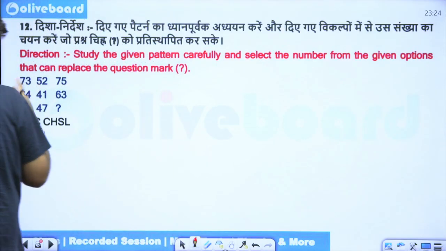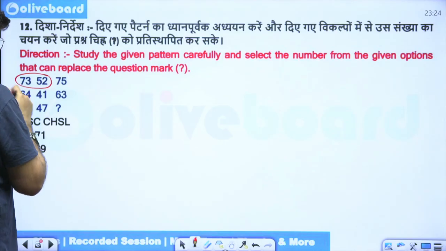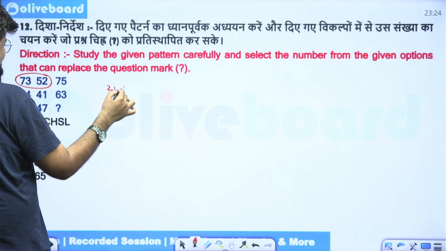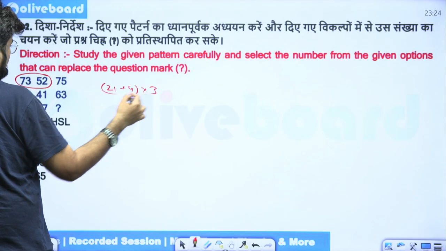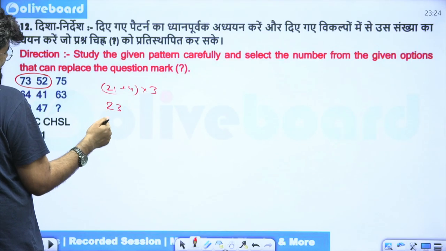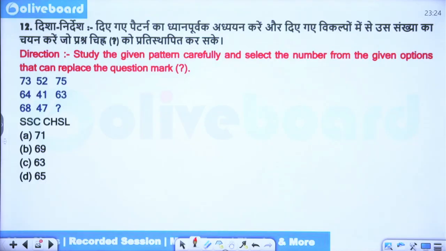If you add and subtract in various combinations, you will see... subtract these two, what do you get? You get 21, right? Plus 4 into 3. Subtract these two, you get 23. No, that's not it, but it's somewhere close to it, I believe.